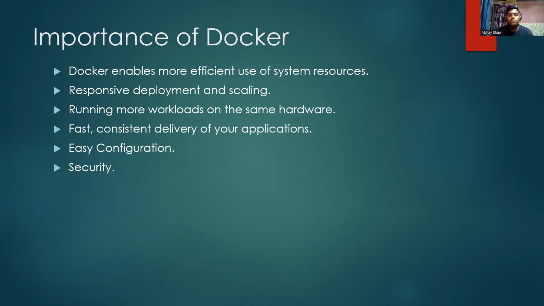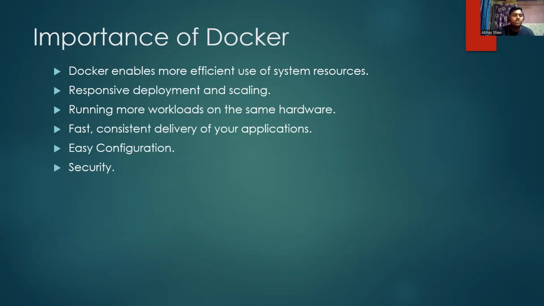Docker enables more efficient use of system resources by creating containers on the server. You can decide, for example, whether an application is consuming 12 GB of data, and you can assign specific resources to each and every application. It gives more responsive deployment and is better for scaling.